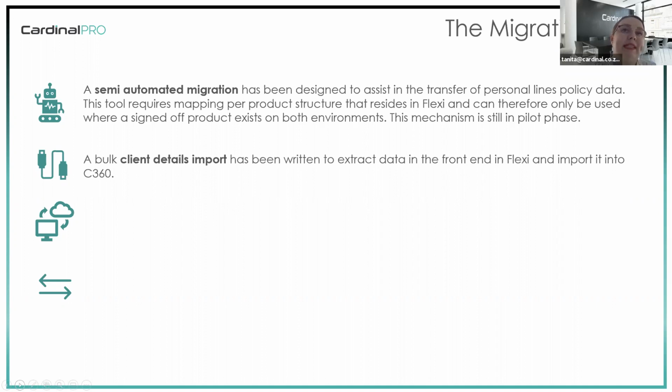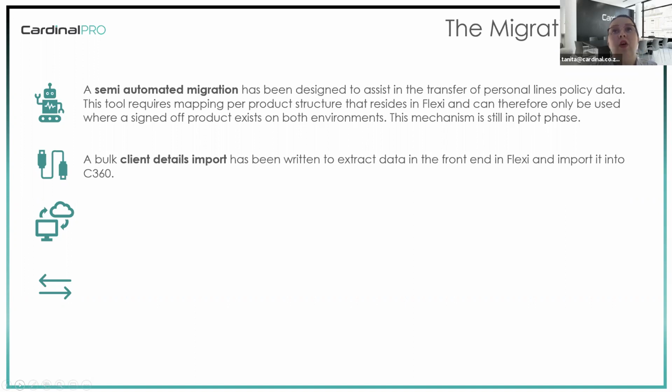Then a bulk client detail import. So in order to cater for the client details to be loaded from Flexi into 360, we have built a client detail import function where data can be exported from Flexi in the format that 360 needs it, and then directly imported into 360 for those clients to be created.